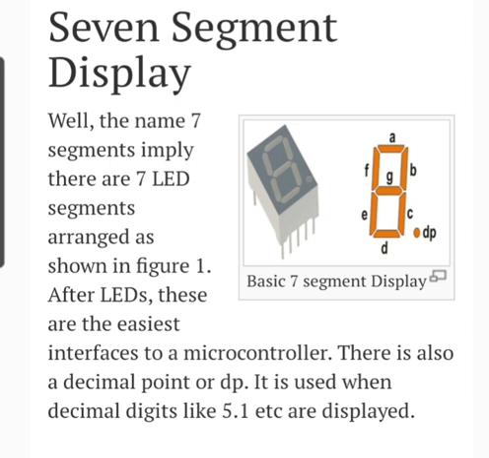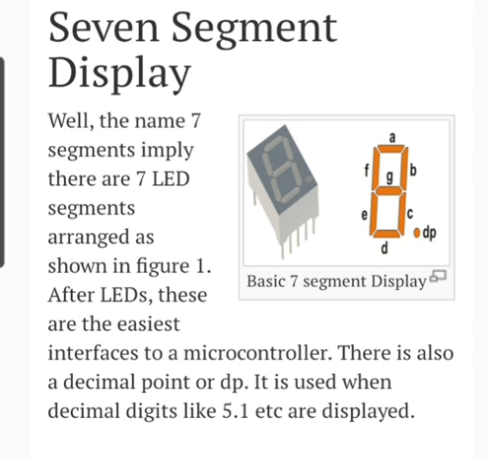The name 7 segment shows that there are 7 LED segments which are arranged as shown in this figure. After LEDs, these are the easiest interface to a microcontroller.